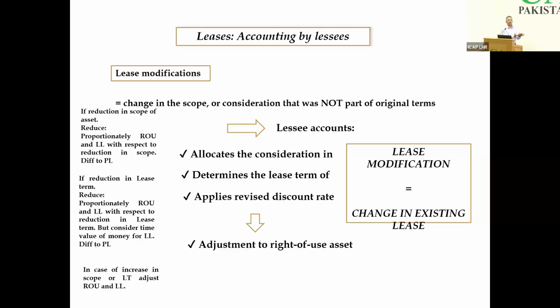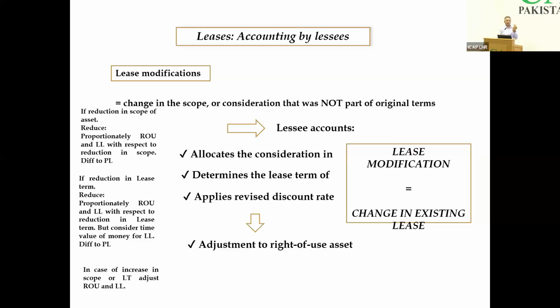And then there is another part: you will now get the present value of the remaining lease payments at a new discount rate, and whatever the change in the revised carrying value because of this present value will be adjusted with the carrying value of right of use and lease liability. So there will be two steps.